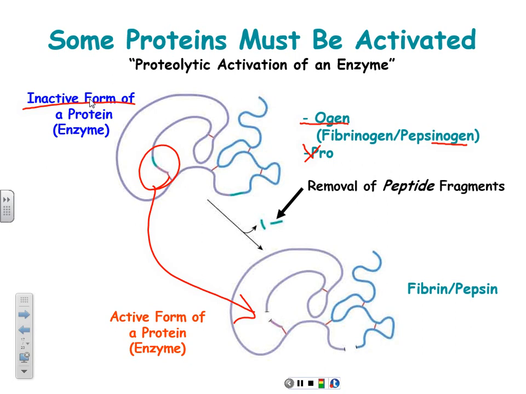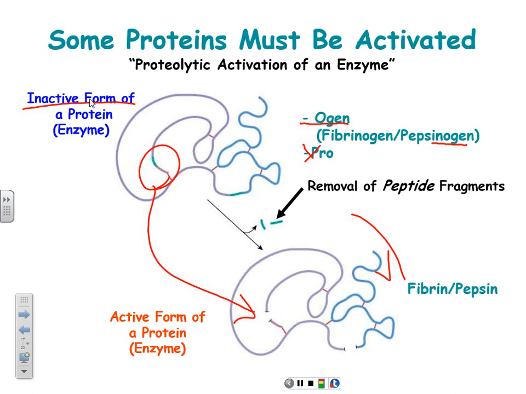By removing the ogen, I wind up with an active form of protein known as fibrin. And what fibrin does is it enables a process known as hemostasis to occur, which is a blood clot. You would certainly not want fibrin activated throughout your entire body, because then all your blood would clot. But it only gets activated in that one little spot, right?